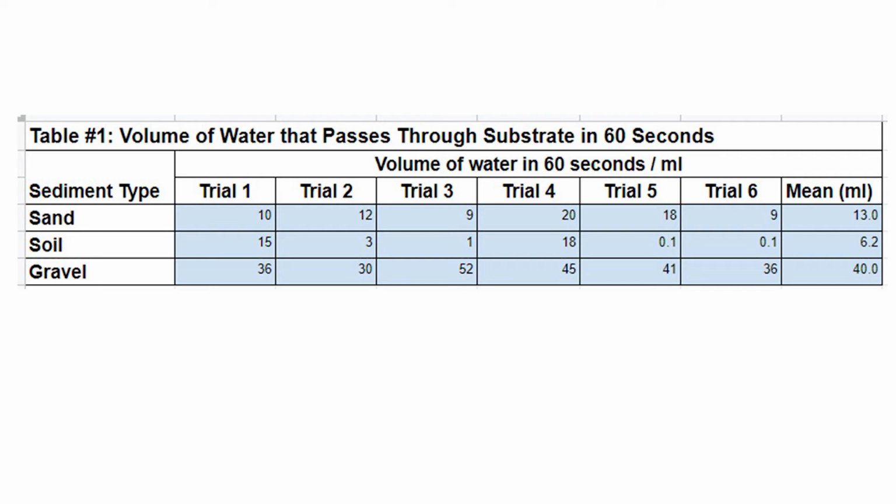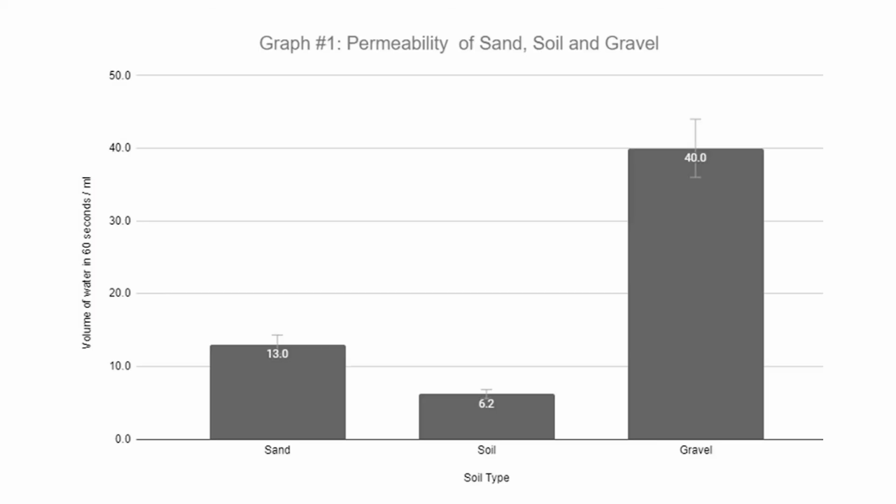Now you want to pay attention to the means because you're going to need that to calculate things further on in the lab. But let's go ahead and check out what the graph looks like in total. And here we are. We see the sand, soil, and gravel. For our experiment, the gravel had the most porosity, which was probably no big surprise, right?